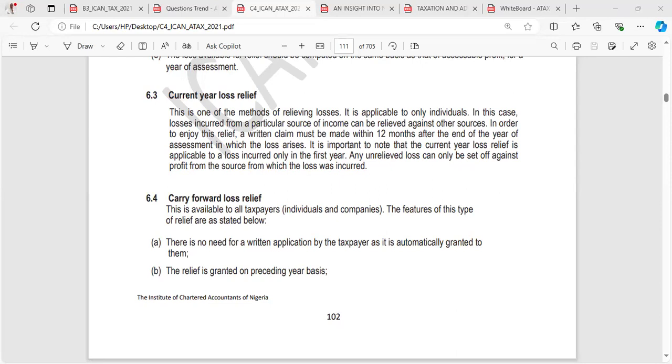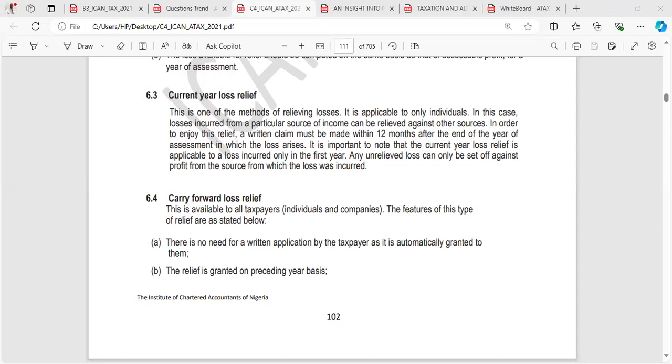So it means that if this loss occurred in the account year ending December 31st, 2022, you must write that you are going to make a current year loss claim within 12 months from December 31st, 2022. So that means your letter would be written between January 1, 2023 and December 31st, 2023.